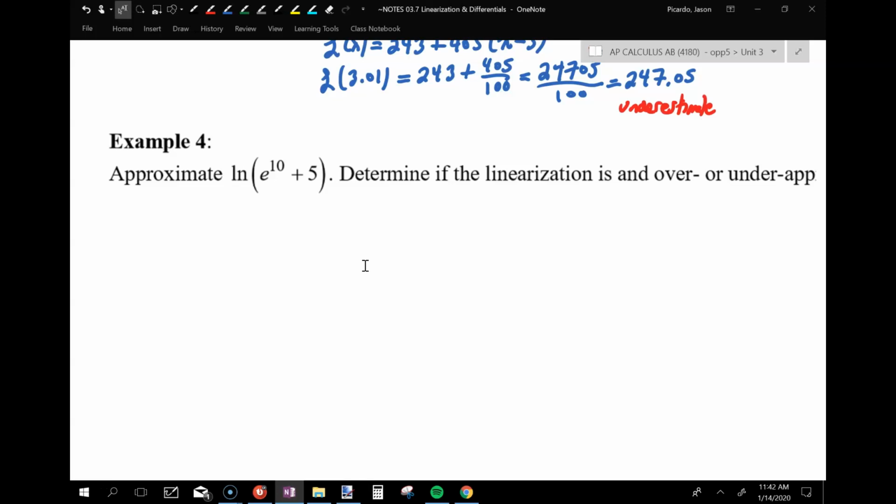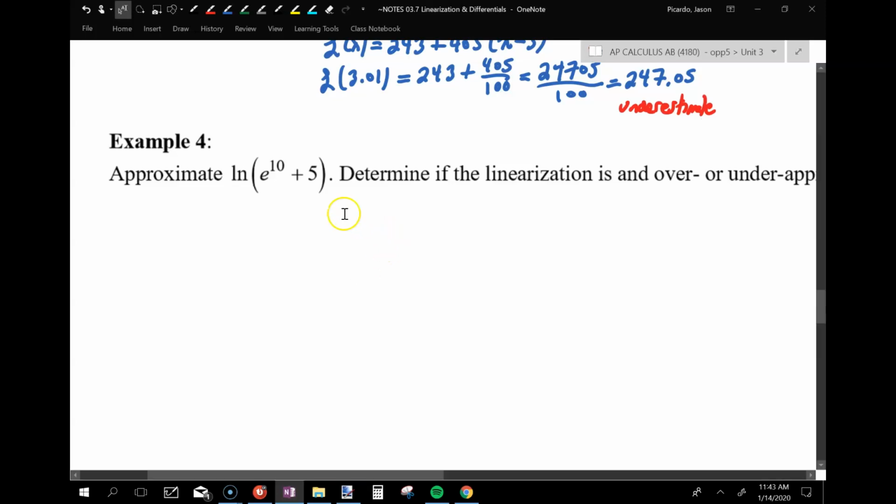Guys, what's e? Okay. What's that number raised to the 10th power? It's e times e times e times e times e, 10 times, right? So a really big number, right? We all agree with that?